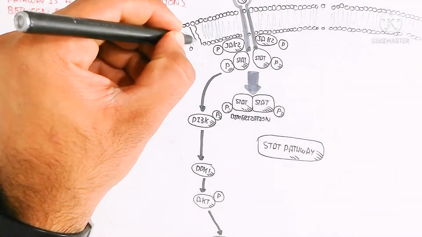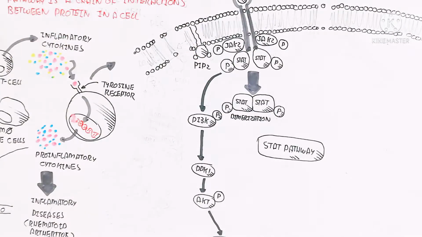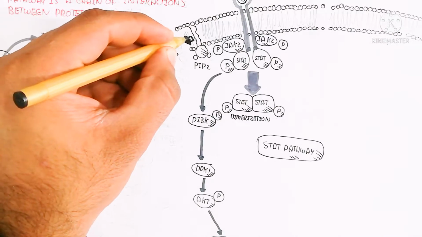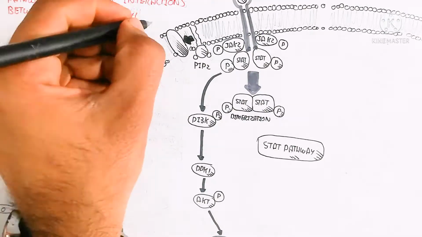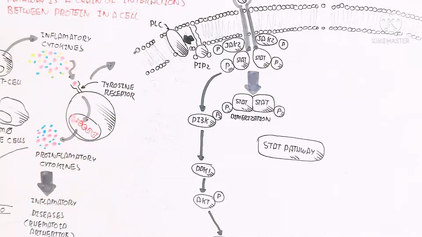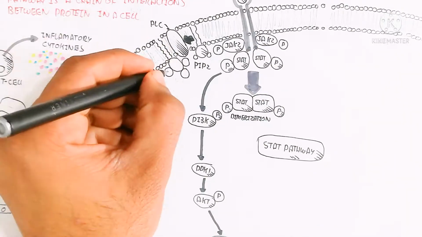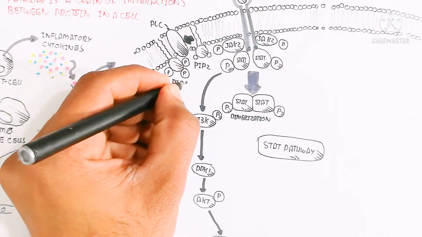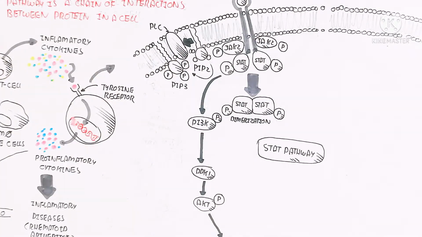So all of this is very meaningful and used for the proliferation of the cell. And here on the other hand, the PIP2, phosphoinositide diphosphate, will be activated in the presence of PI3K, phosphoinositide 3 kinase, to activate and phosphorylate the PIP2 into the PIP3.